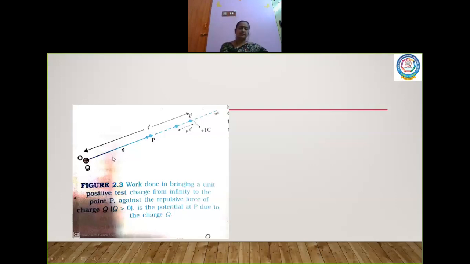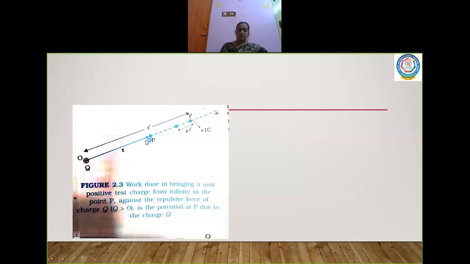See here. There is a charge plus Q which is kept at the origin O. This charge will have an electric field. Now, I am going to bring a positive test charge from infinity to this particular point P, which is at a distance of r from the source charge.